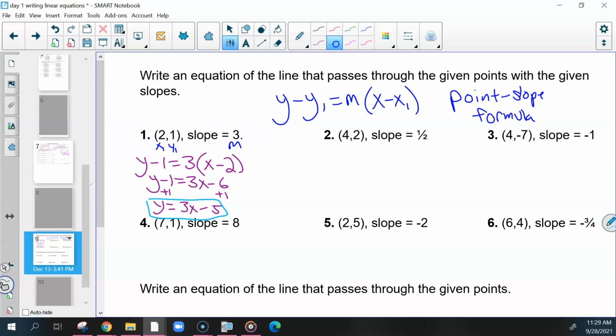So anytime we're given a point and slope, we're going to use this formula to simplify it and then make it into slope-intercept form. Do we have any questions about the process?